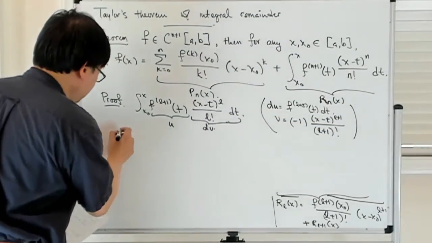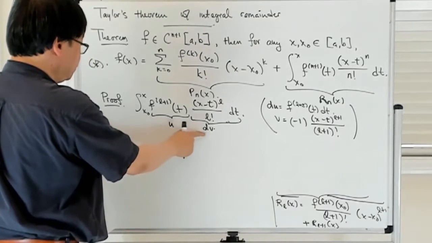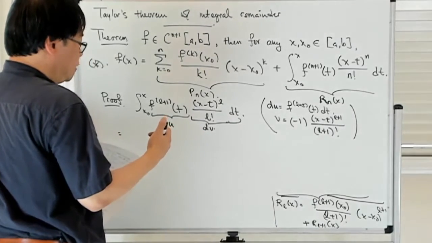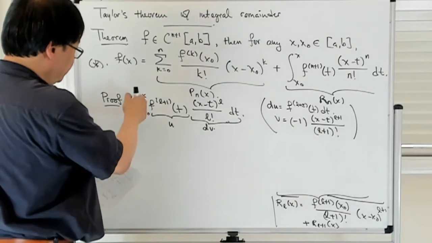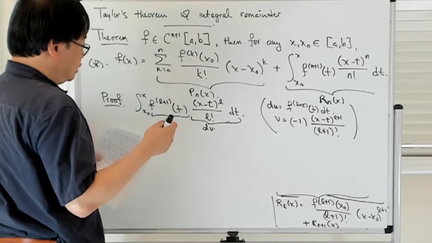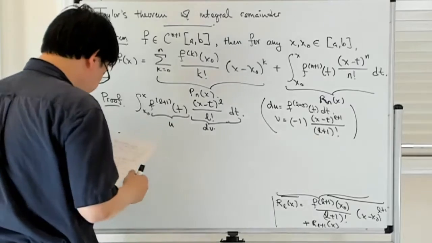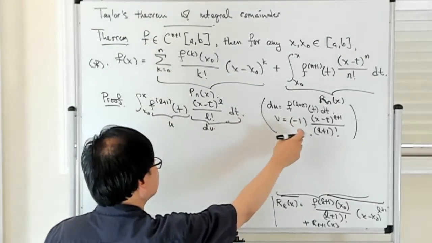So the integral of u dv is uv, with the limits, minus the integral of v du, right? So u is this and v is this.